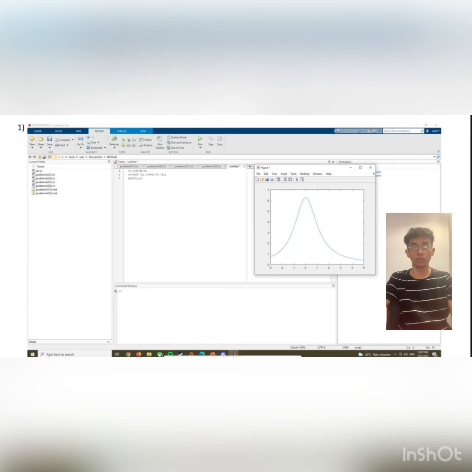Next, I input the equation of y, which is x plus power of 2 divided by 4 plus 3 x power of 2. Lastly, I input the command plot xy. So next, I run the section and it will show the graph as in the figure.